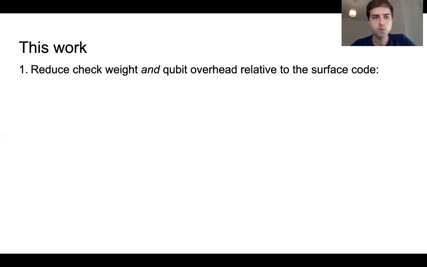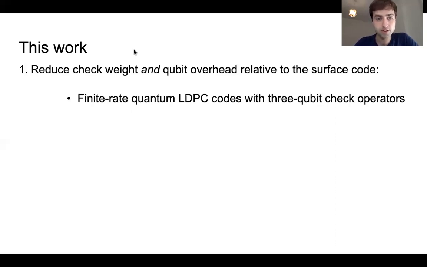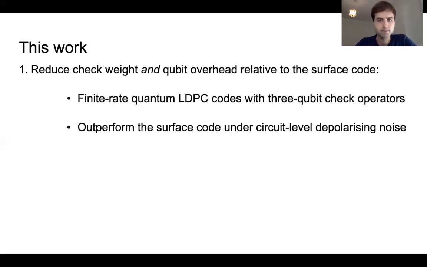In this work, we show how you can reduce both the check weight and the qubit overhead relative to the surface code. And we do that by constructing finite rate quantum low-density parity check codes, which have 3 qubit check operators. And we then show through simulations that these can outperform the surface code, even once you take into account circuit level depolarizing noise.